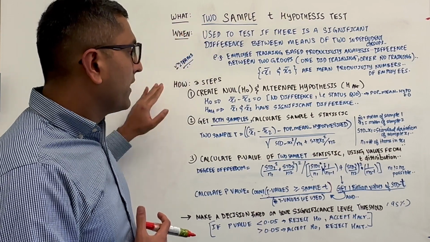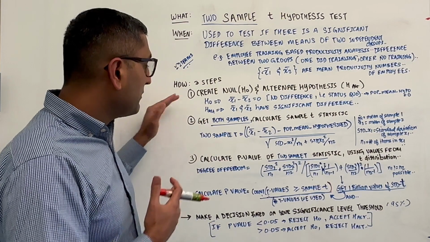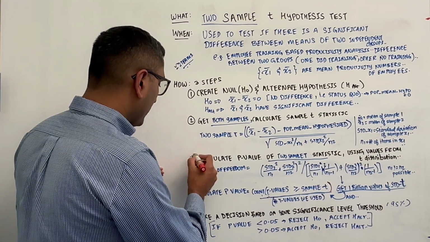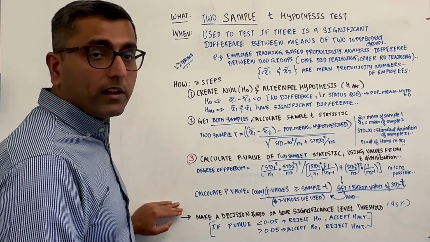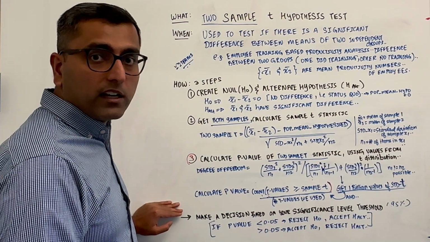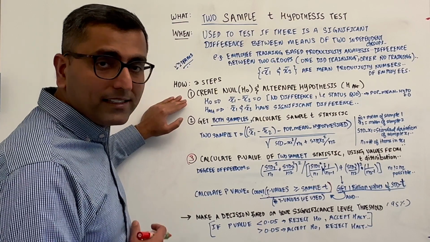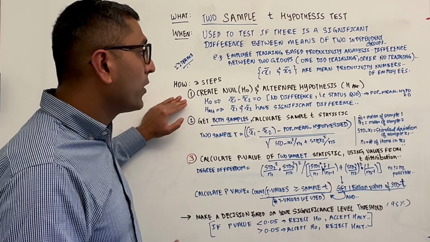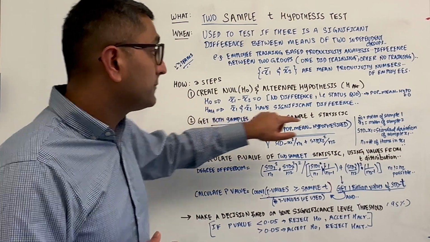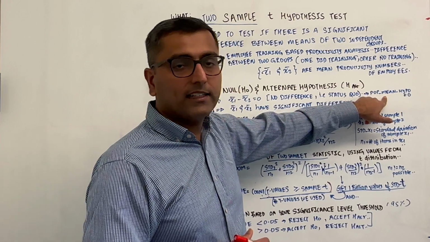Like we've done in the one-sample t-hypothesis test, we will do the same three steps. With these three steps, we can make a decision whether there is a significant difference or there is none. The first step is we create a null hypothesis. The null hypothesis basically says there is no difference, meaning preserve the status quo, which means that the population mean difference is 0.